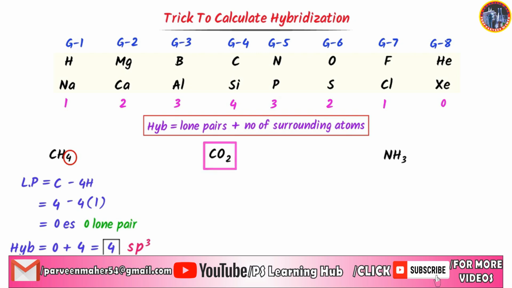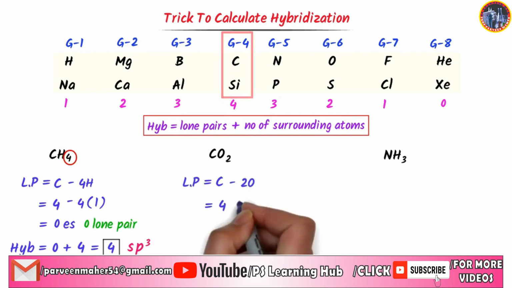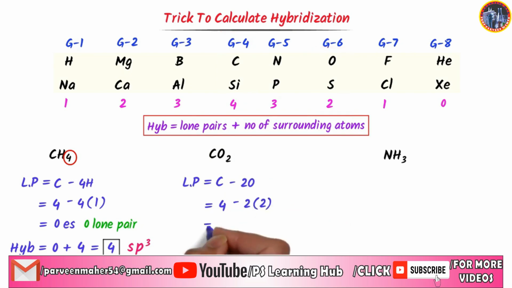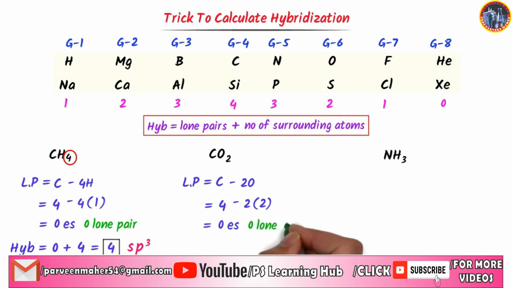In case of carbon dioxide, the central atom is carbon minus 2 oxygen. The group number of carbon is 4 and valency of oxygen is 2. I get 0 electrons. So the lone pair of electrons on carbon is 0. We know that hybridization is equal to lone pair plus number of atoms surrounding the central atom.